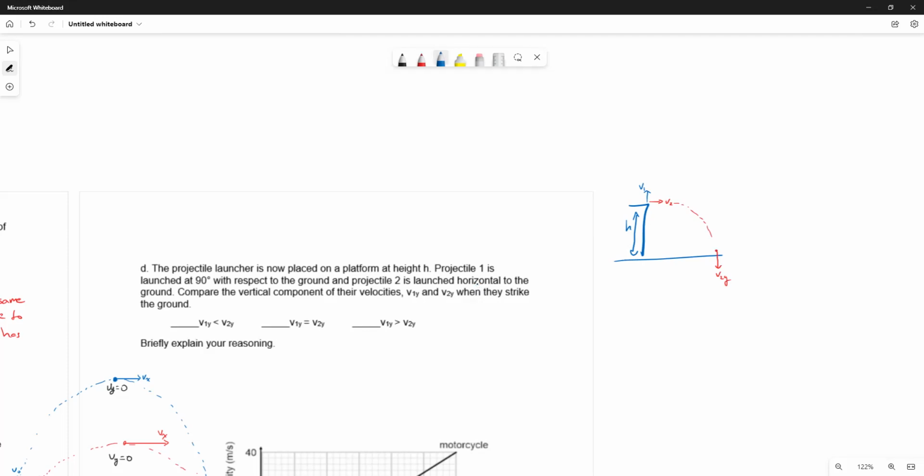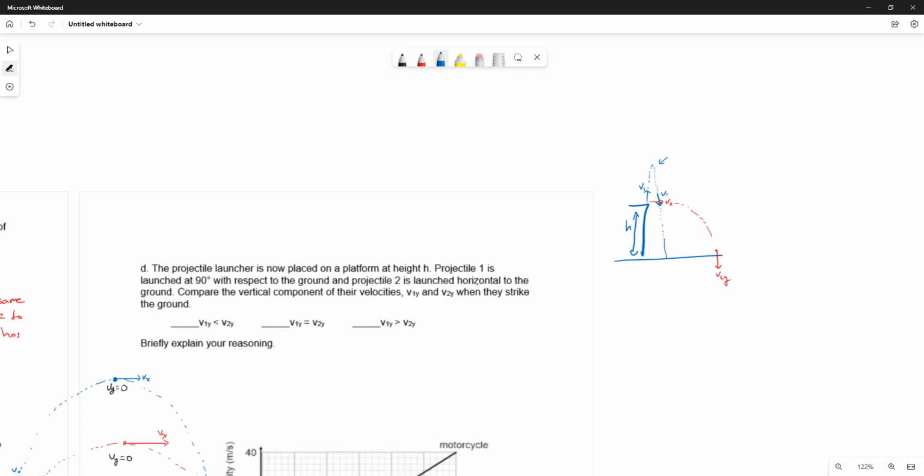The blue one will climb up some. It'll stop eventually because gravity pulls it down, and then it starts to come back down and accelerate downwards like this, right? So the reason I know which one's greater is because if we consider this trip upwards and downwards, this first half of the trip starts with velocity upwards and ends with a velocity downwards.